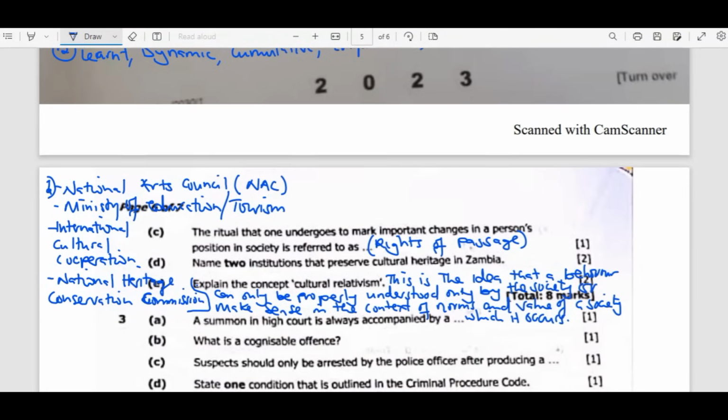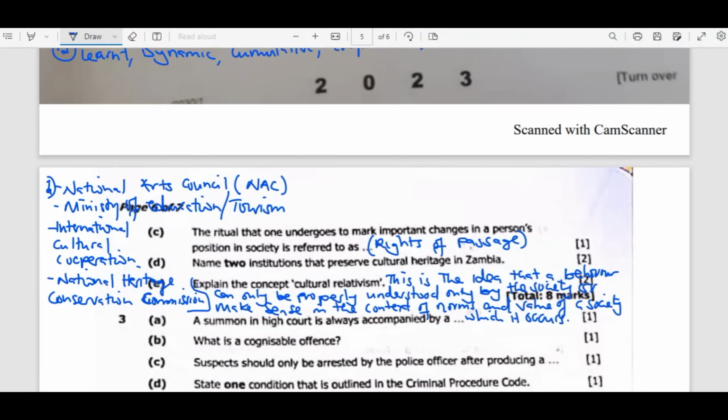So meaning that there are things that are done in certain traditions that do not make sense, but in their traditions or in their culture, they make sense. So that is what we mean when we say cultural relativism. So we can move to question 3.